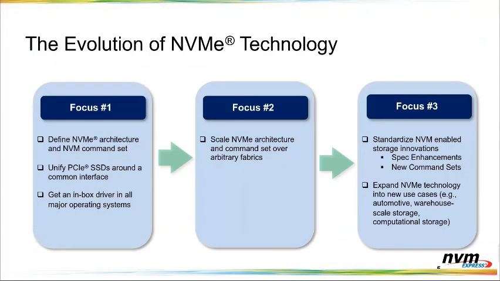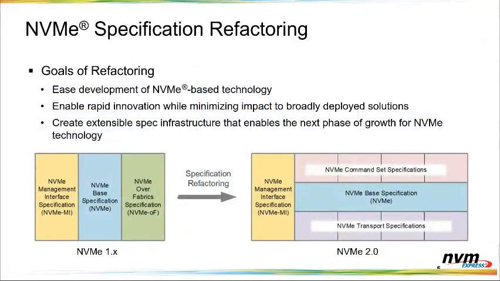And so with that, we took a look at what we are doing from a specification standpoint. As we started with NVMe 1.0 and through 1.4, we had the NVMe base specification. We had a management interface specification, and as we talked about a minute ago, we added the NVMe over Fabrics specification.